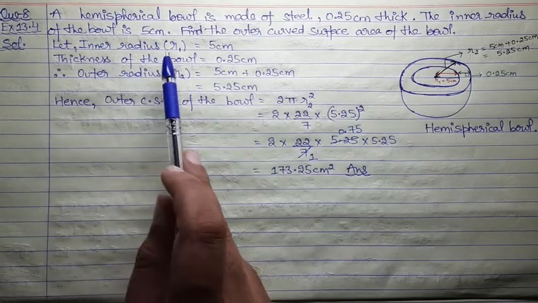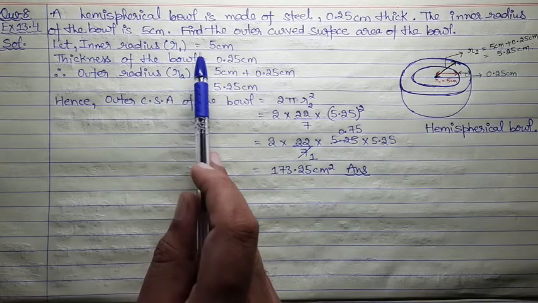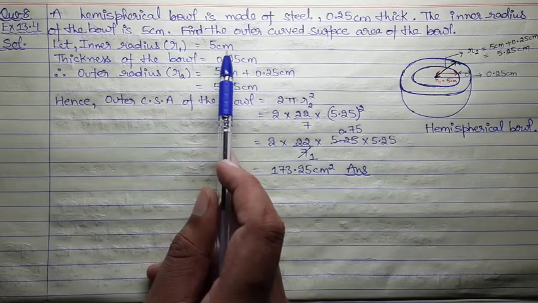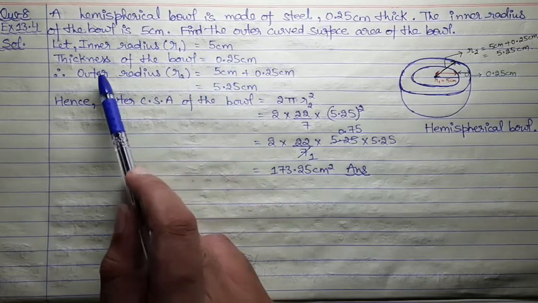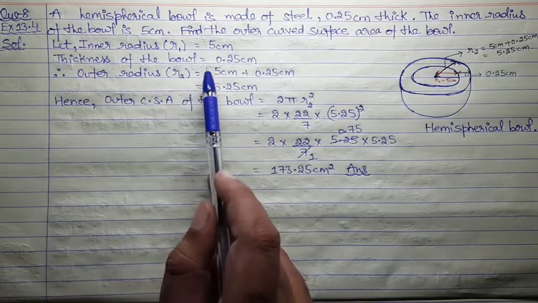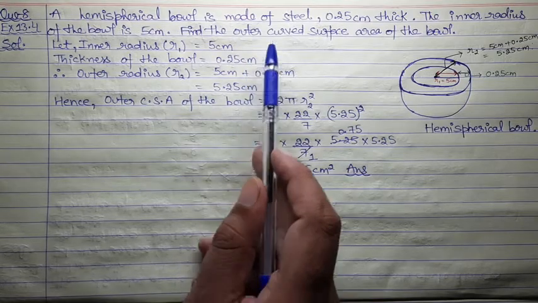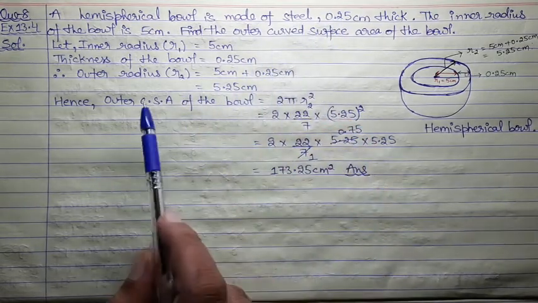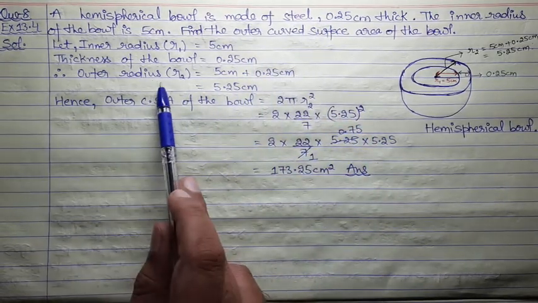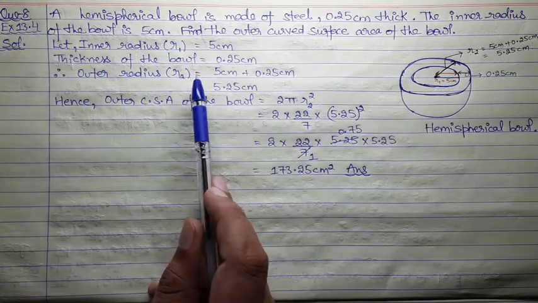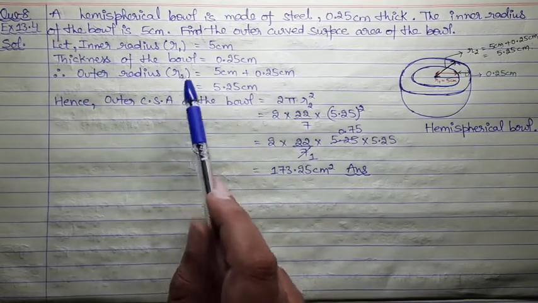Let inner radius R1 be equal to 5 cm, given in the question. Thickness of the ball is equal to 0.25 cm, also given in the question. Therefore, outer radius is R2.